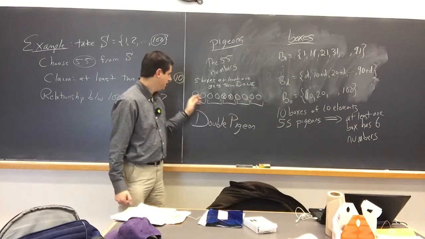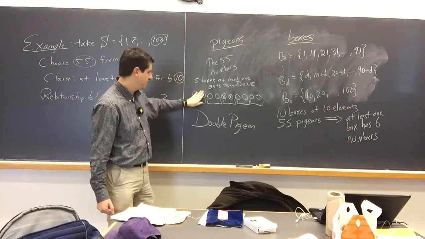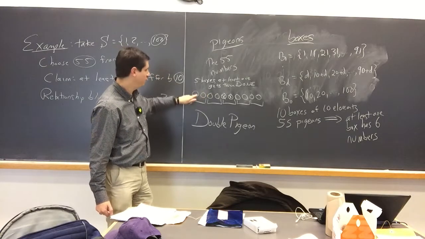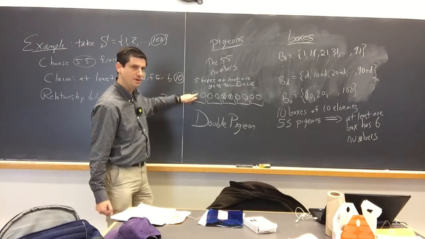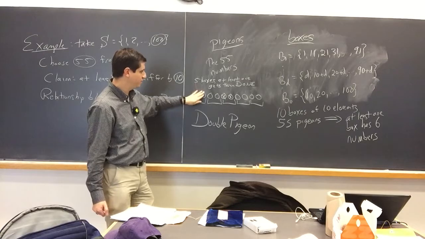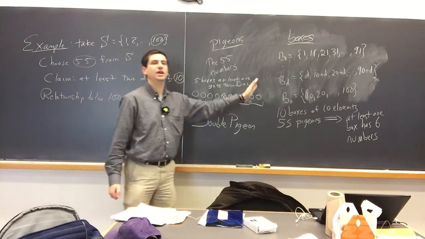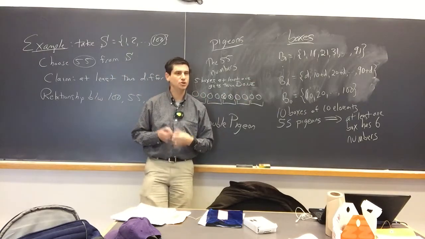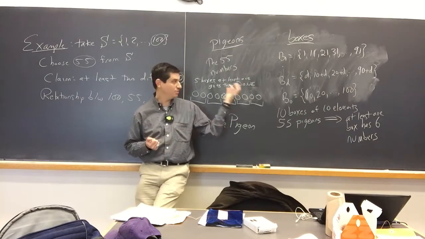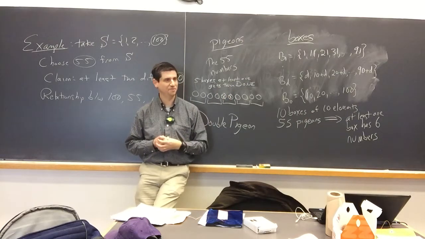And then in general, if I start off with this one over here, I can't have this one over here, and now I've reduced it to a previous problem. Or if I don't have this one, and I don't have this one, it's even better. Or if I don't have this one and I have this one, then I don't have this one, and again, I'll be fine. So you could also do it by induction. The induction, I think, is much harder. And so I would much rather do a double pigeon.